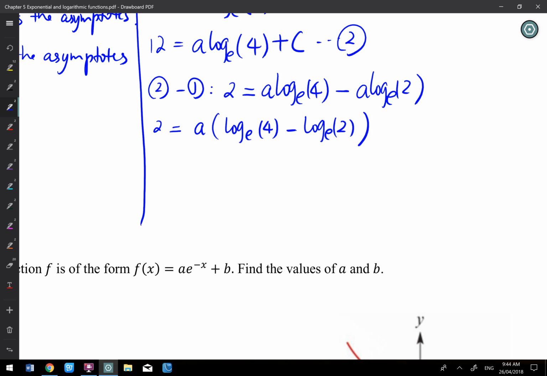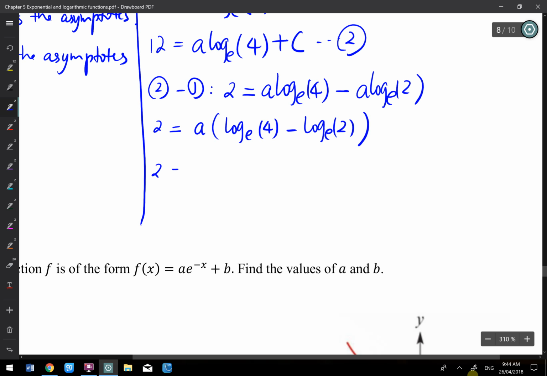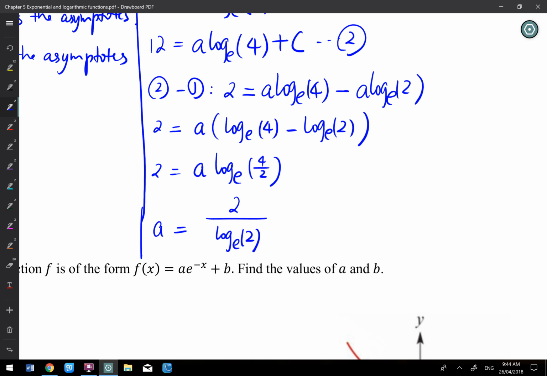Divide what? Yeah, the numbers in the bracket. Good. So when we subtract logs, it becomes dividing the numbers in the bracket. So we have 2 equals to a log e (4 over 2). 4 divided by 2 is 2, therefore a equals to 2 divided by log e 2.